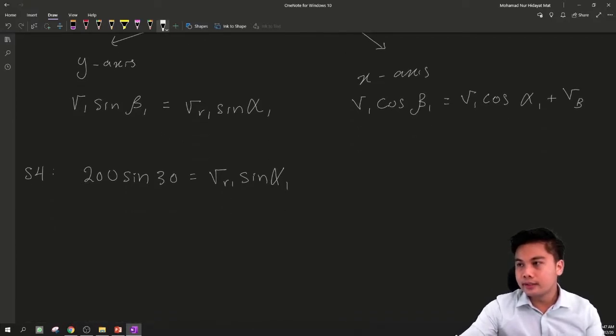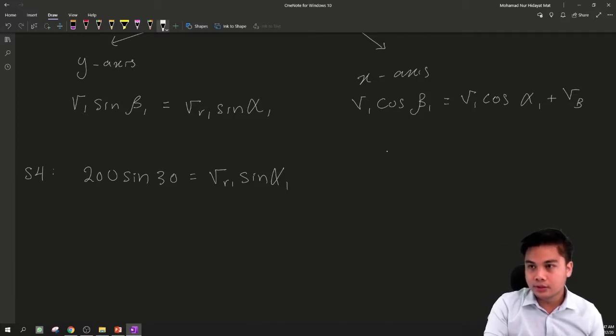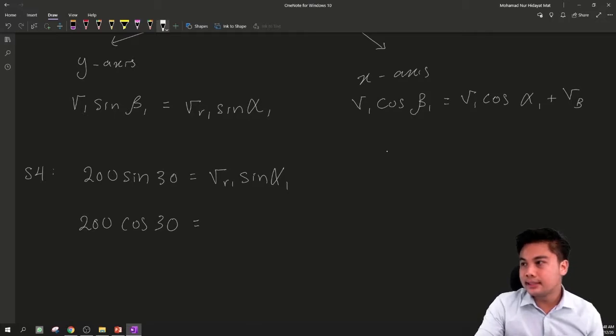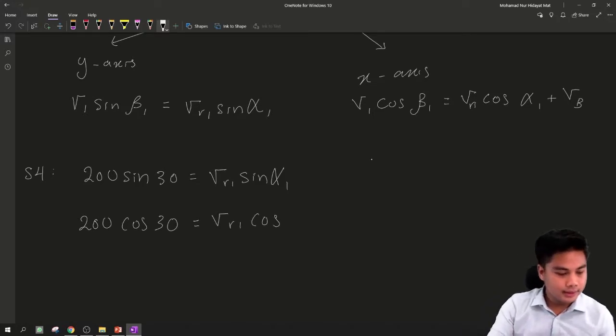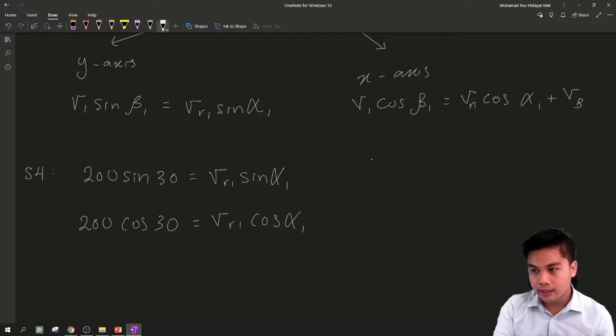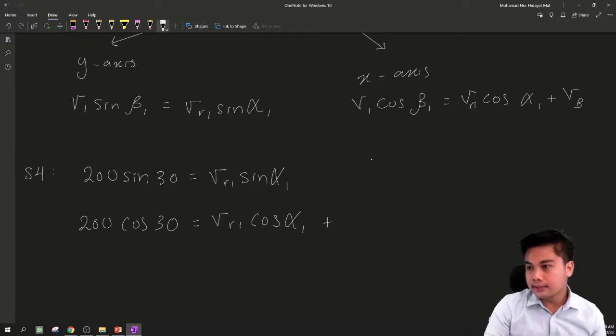Then 200 cos beta 1, 30, equals VR1 cos alpha 1, unknown, plus VB.